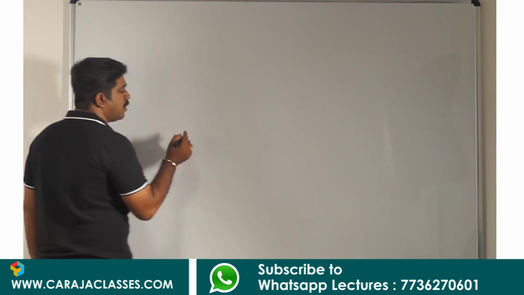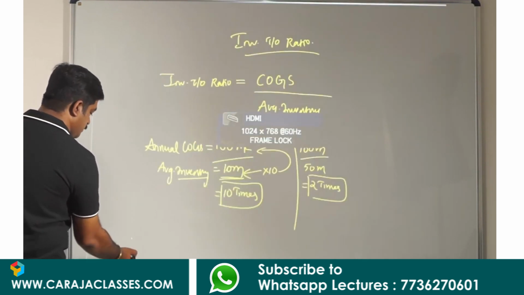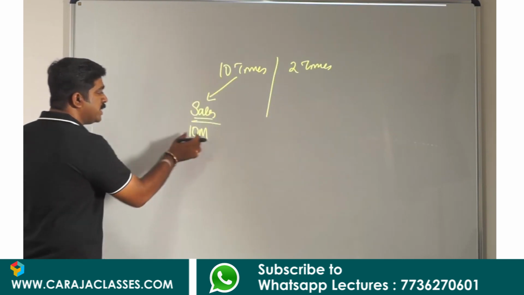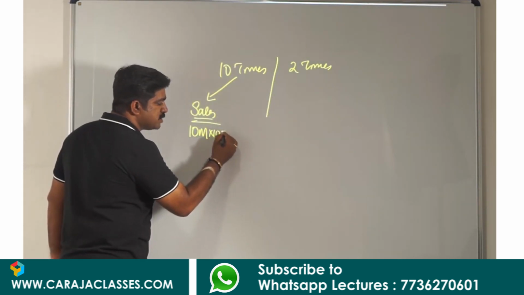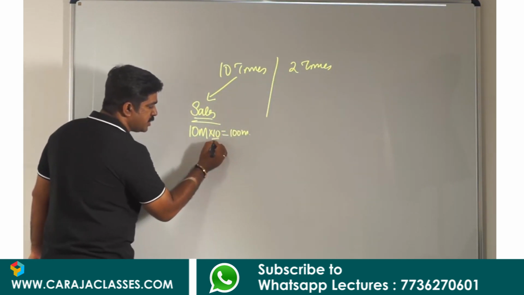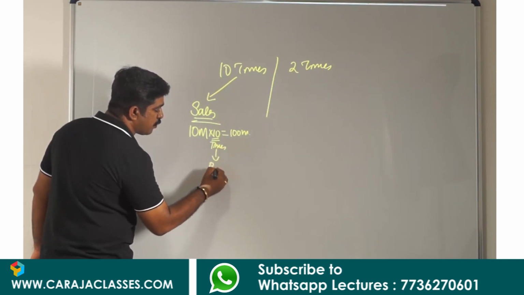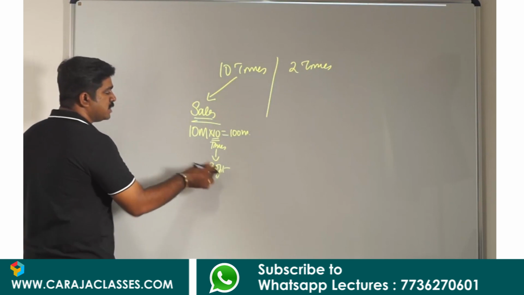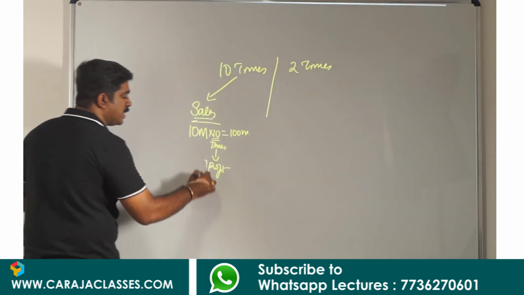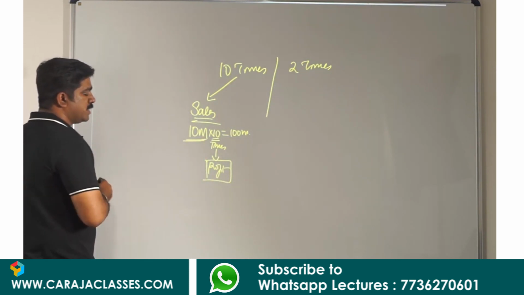So 10 million into 10 times is the cost of goods sold, that is 100 million. But the point you have to understand is that this entire 10 times is going to bring in profit. It means my profit-making capacity is 10 times on this 10 million.